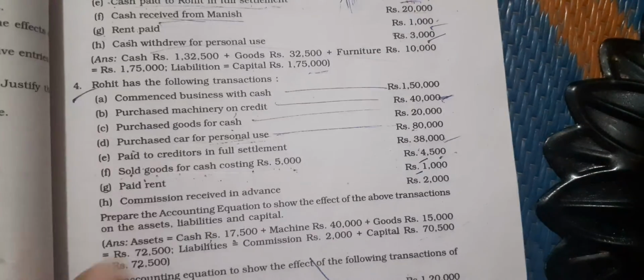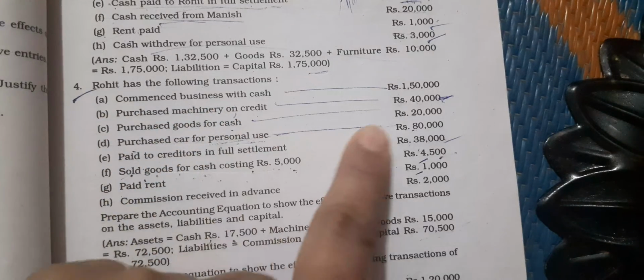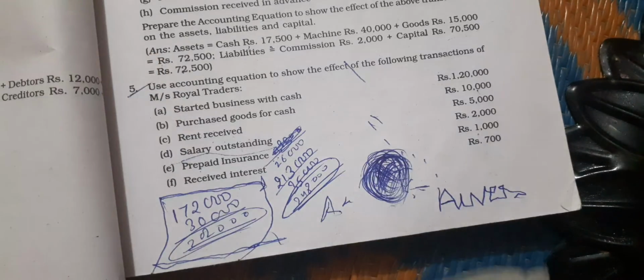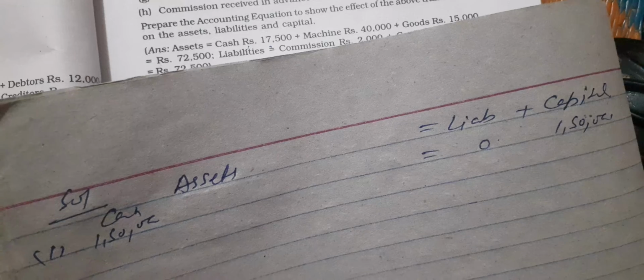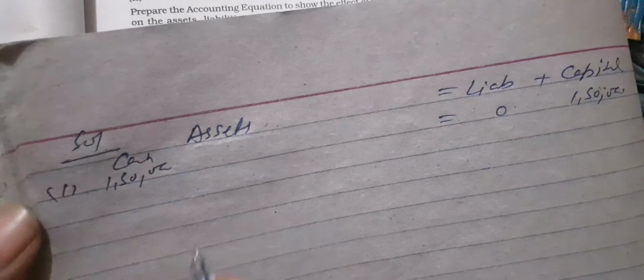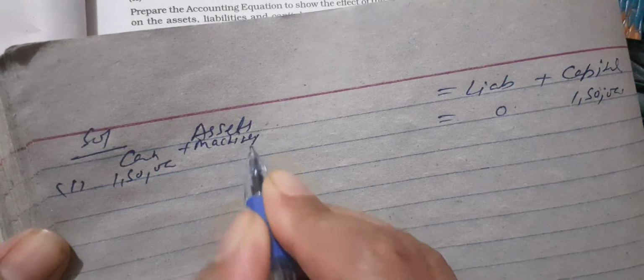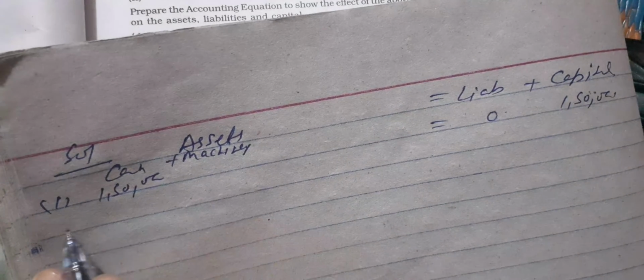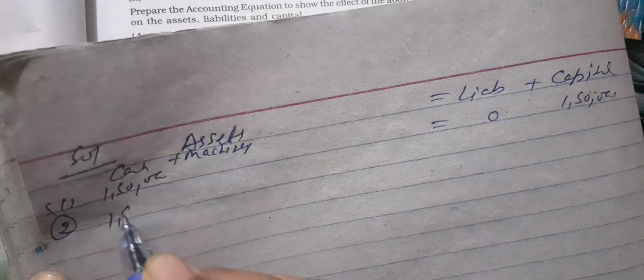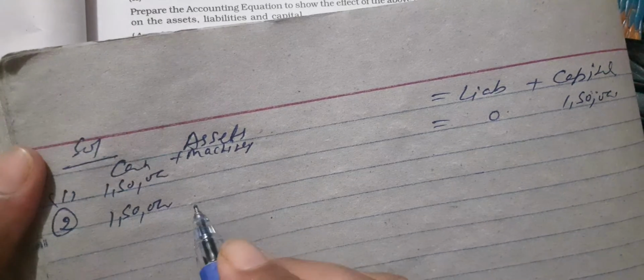The second transaction is purchase machinery on credit, 40,000 rupees. Now the firm has purchased machinery on credit. It is an asset. In the second transaction, the cash amount remaining is 1,50,000.